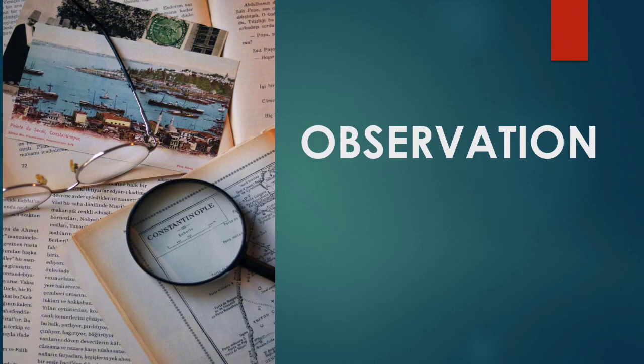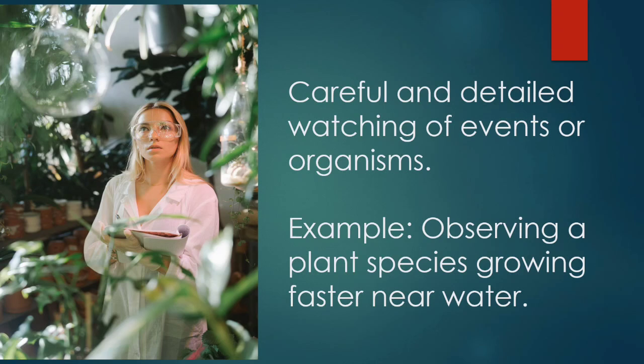Observation. What is observation? So I know it's a word that is not new. It's from the word to observe. Now when we say observation, it could mean a careful and detailed watching of events or organisms. Okay, you might decide to take your time to look at a particular thing. You may even include your sense organs just to have a good knowledge of what you are looking at.